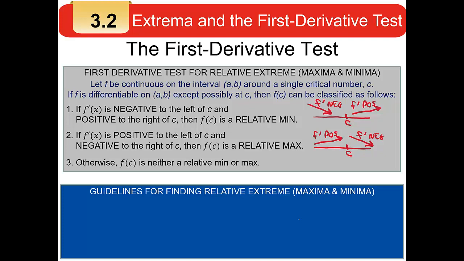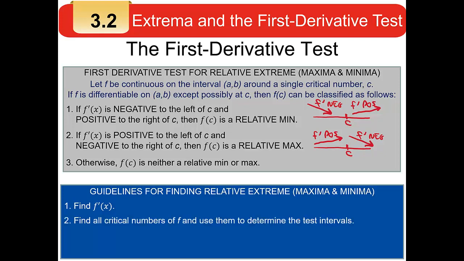Before we actually start working problems, it's probably good to talk about just some basic guidelines for finding these relative extrema. First thing you want to do is take the derivative. Anytime you're dealing with increasing, decreasing, you take derivatives. And we've just seen from our earlier discussion that these increasing, decreasing also tell you about maxes and mins.